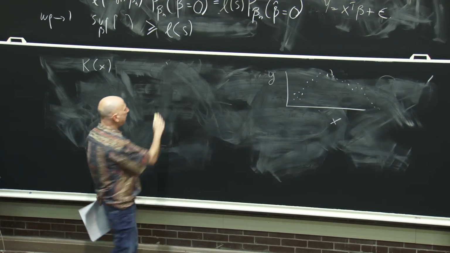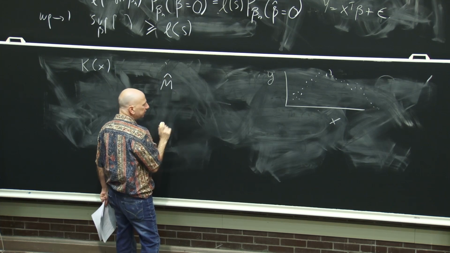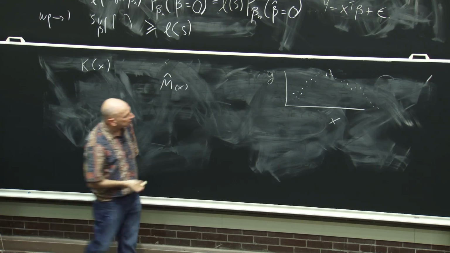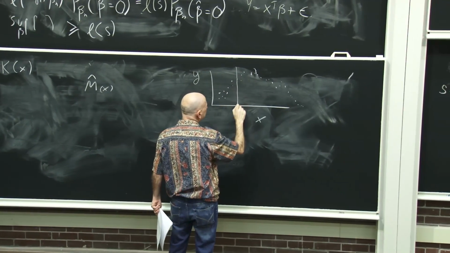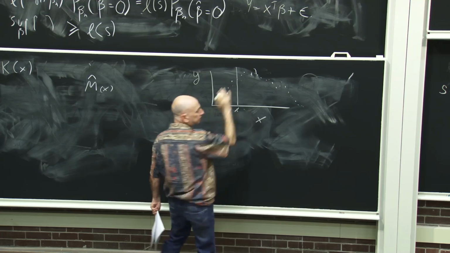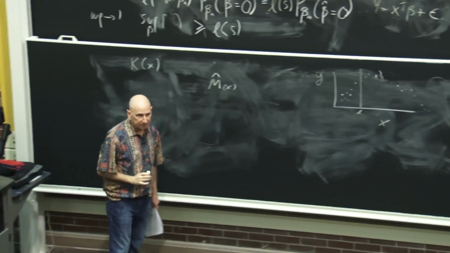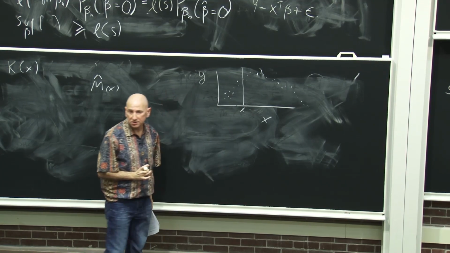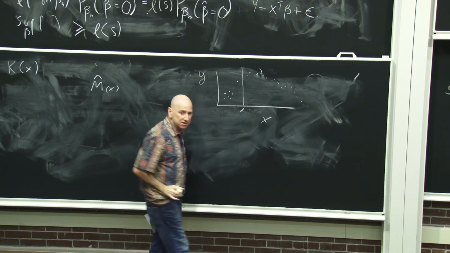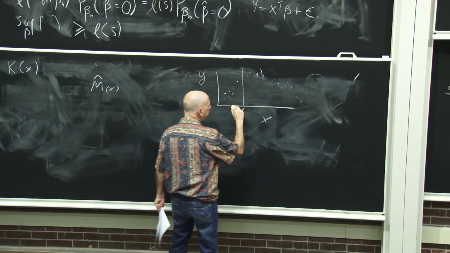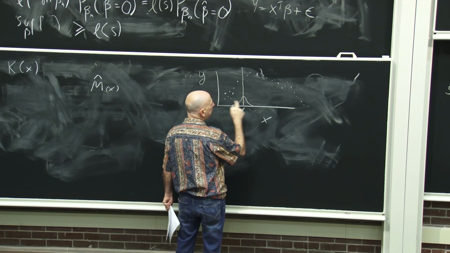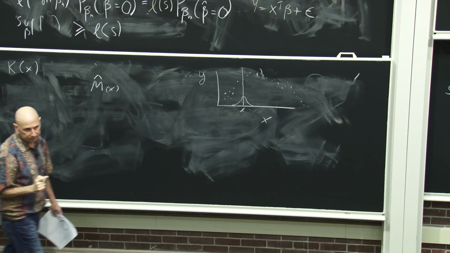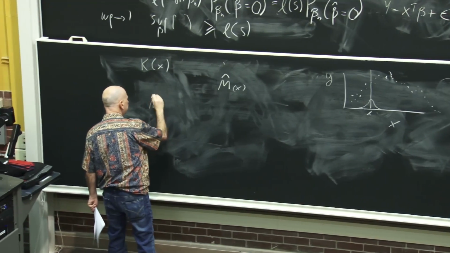And now I have to produce an estimator, m hat, but I have to do it at every value of x. I have to produce a function. The estimator is a function. So for any value of x, what I'm really going to do is just take a local average of the y's. In fact, one way of doing a kernel estimator is just to take a window, a slice, and just average those y's, and then slide that across. A slightly more refined way of doing it is to put this kernel down, and now just take the average of the y's, but use these as weights. So that means we're going to do something that looks like this.